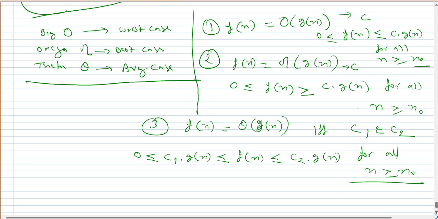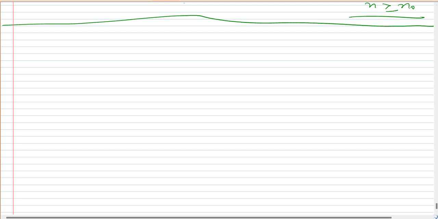That means the threshold value. So now let's see some solved examples on big O notation.